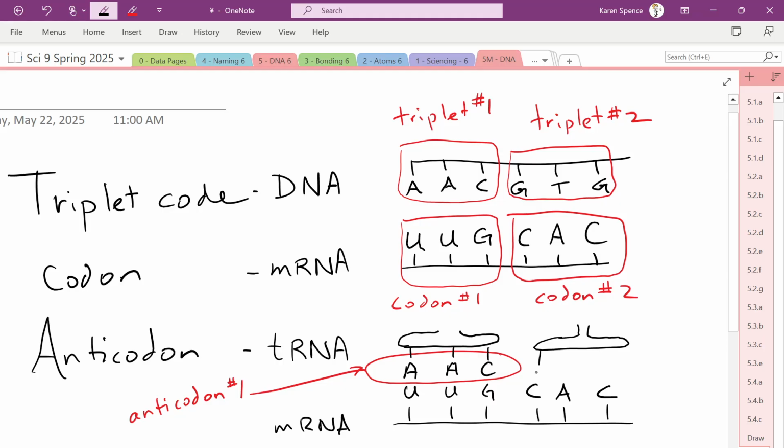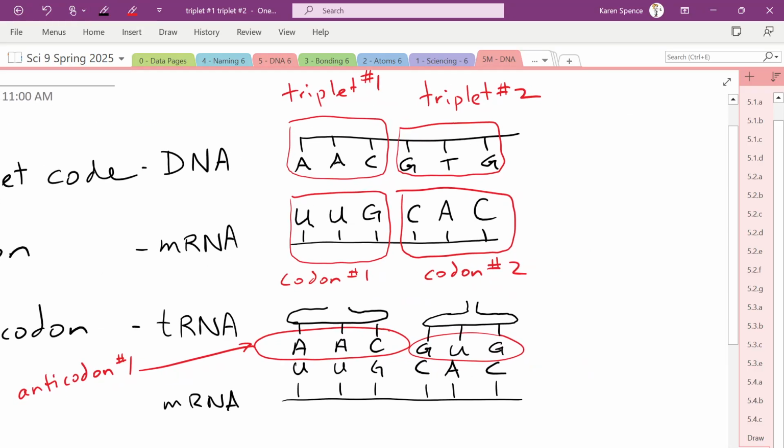But we now have a G. And what else do we have? What comes next? A U and a G. So that is anticodon number 2.